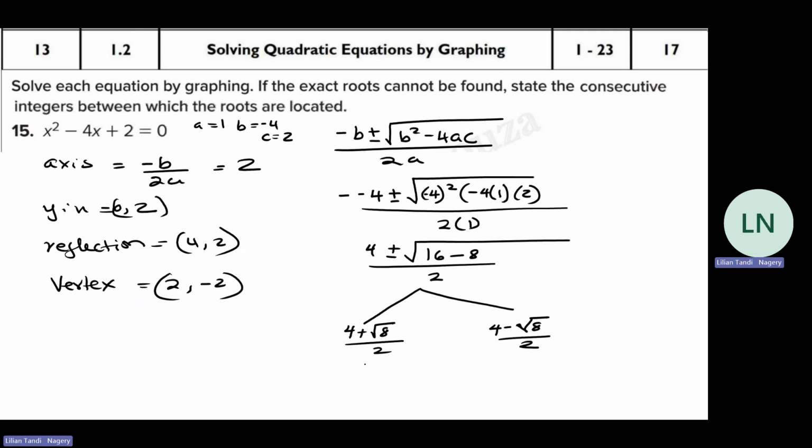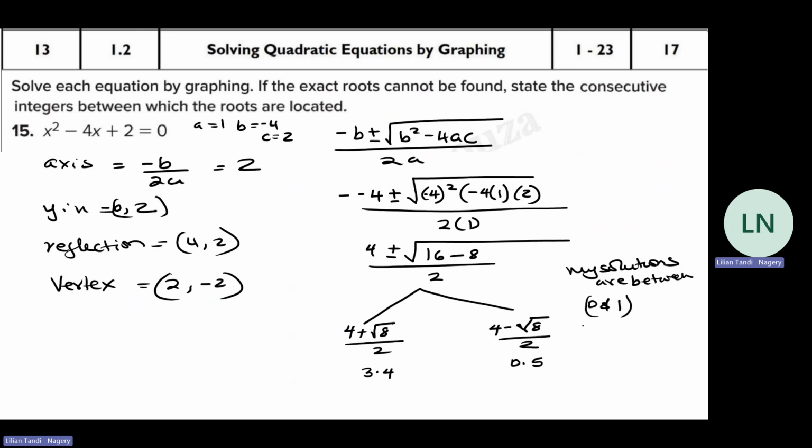So I got here 0.5, and I got here 3.4. So then I said my solutions are between 0 and 1.